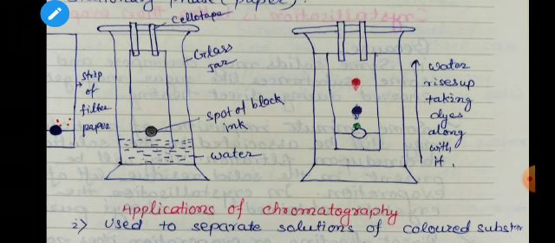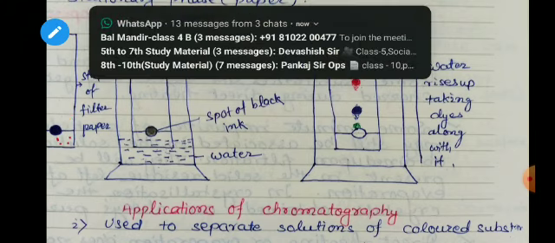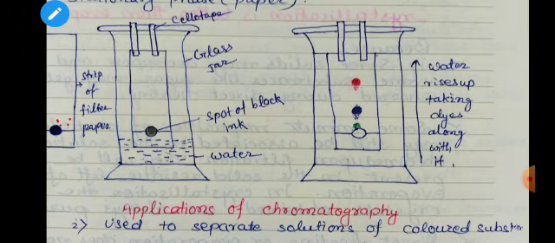Blue or black ink is actually a mixture of blue and black dyes, and both components present in the mixture will rise upward, and the more soluble will move faster. In this way, the blue and black colors will get separated as shown in this figure.